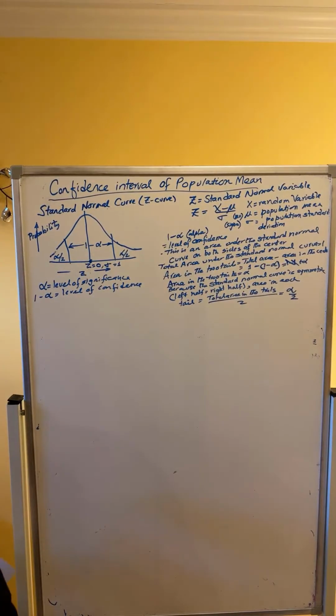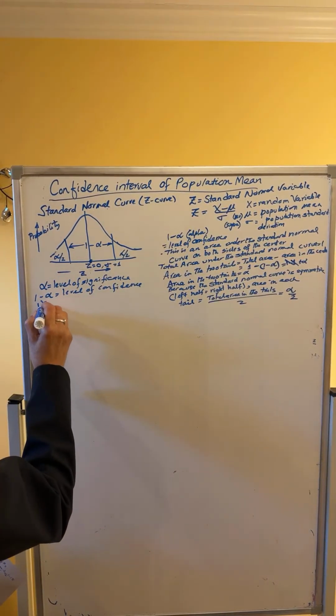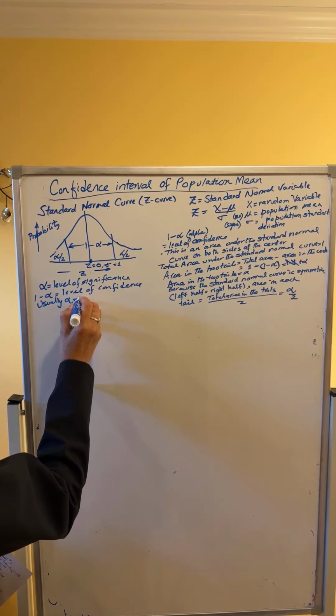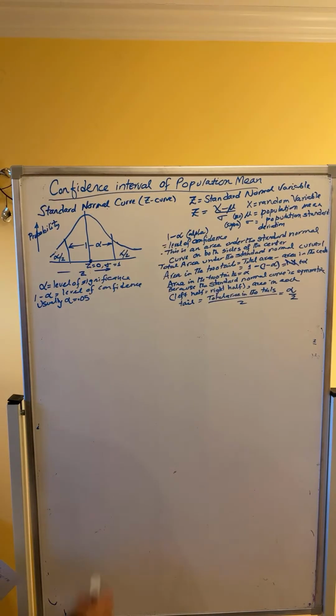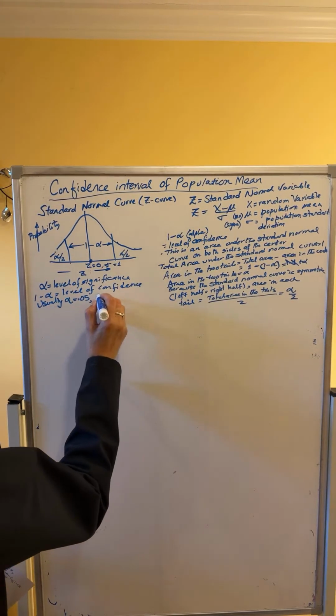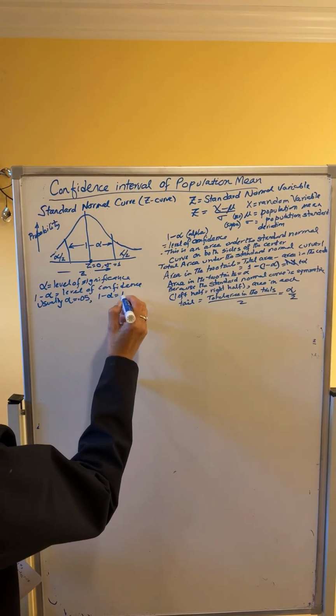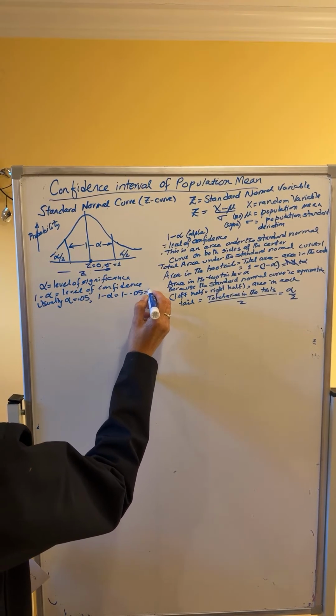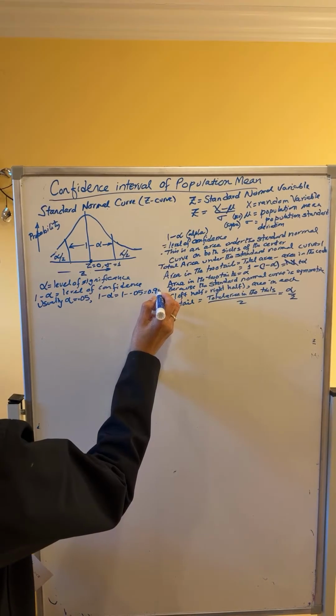Okay. So usually alpha is 0.05. So 1 minus alpha is 1 minus 0.05, which is 0.95.